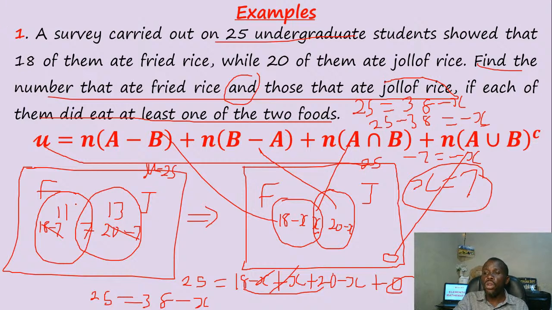Those that ate only fried rice, 11. Those that ate only jollof rice, 13. So we want to know those that ate at least one food. And one thing about this is where the 7 came from, the calculation we did. That 25 equals 38 minus 7.